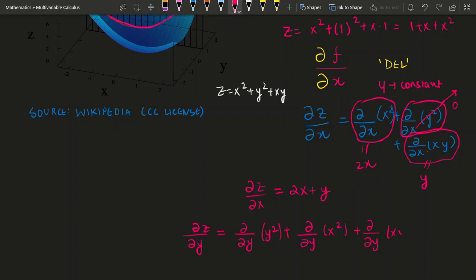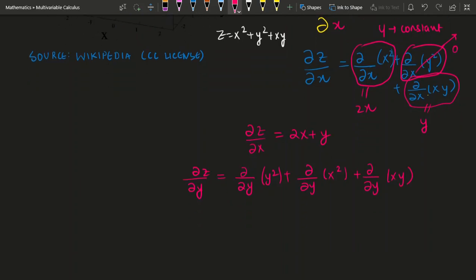So x is assumed to be constant, y is changing, so this equals 2y. X is assumed to be constant, so this goes to 0. And since x is a constant and y is changing, this would be equal to x. So in the end, you arrive at del z over del y being equal to 2y plus x.